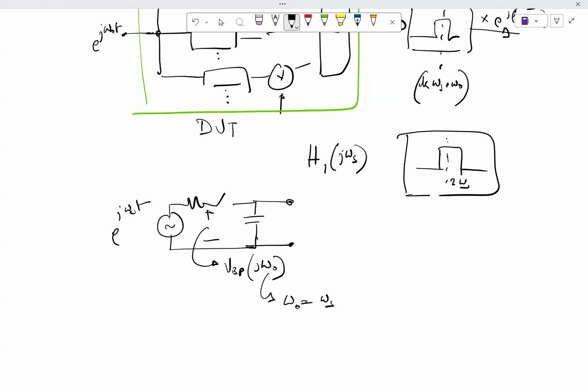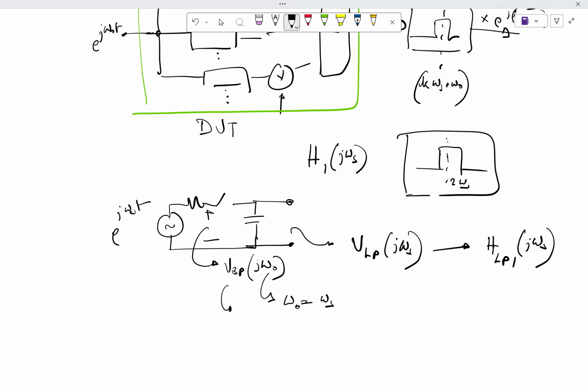If I ask you to find out what is HLP j omega s, right? And I want to find out the H1 of this, right? So HLP1 j omega s, right?